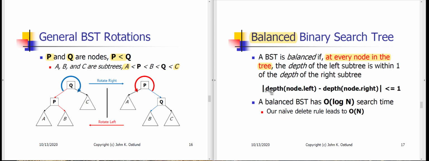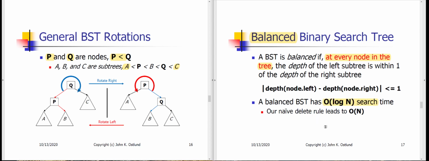That is, at every node in the tree, if you compute the depth of that node's left subtree and subtract the depth of the right subtree and take the absolute value, that's got to be either 0 or 1. Either the depths are identical or they differ by at most 1.